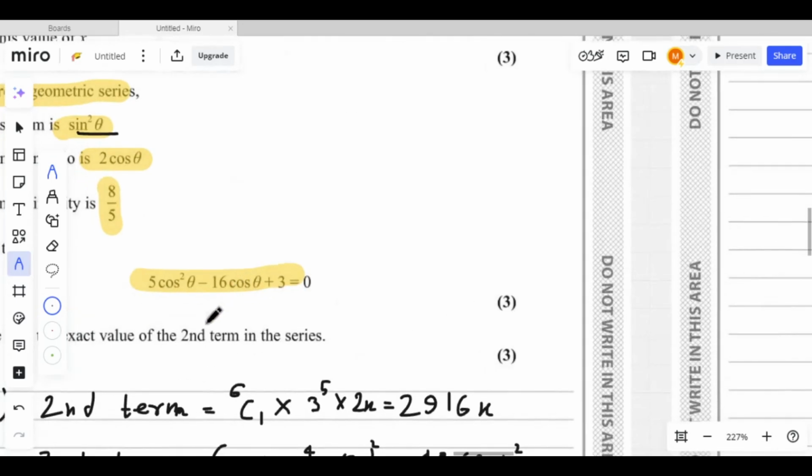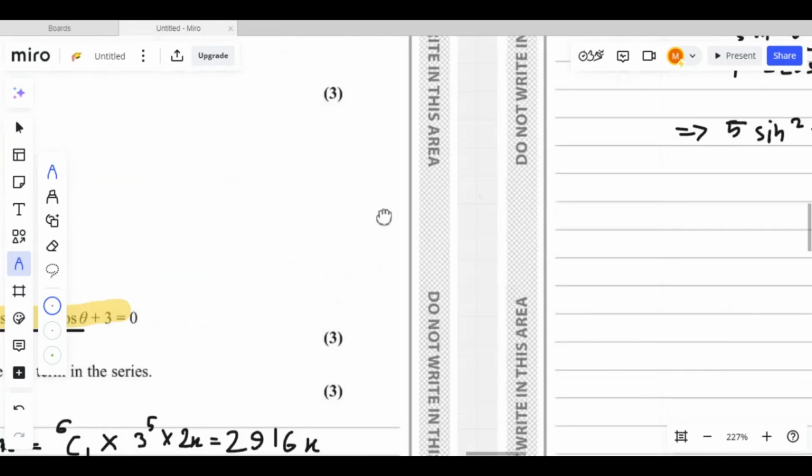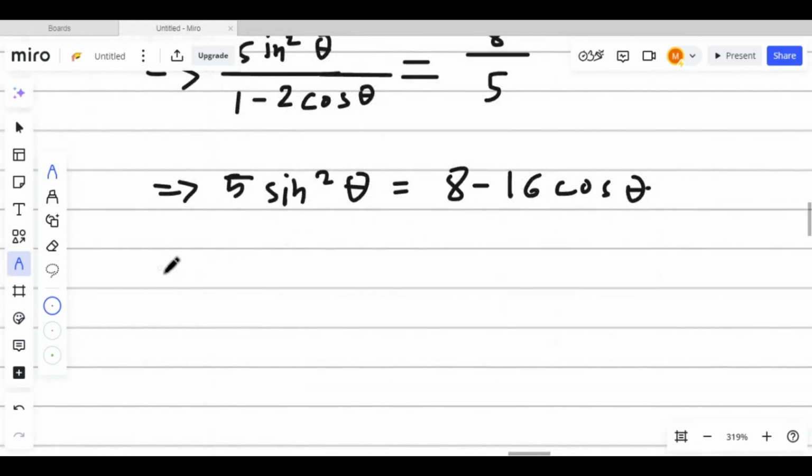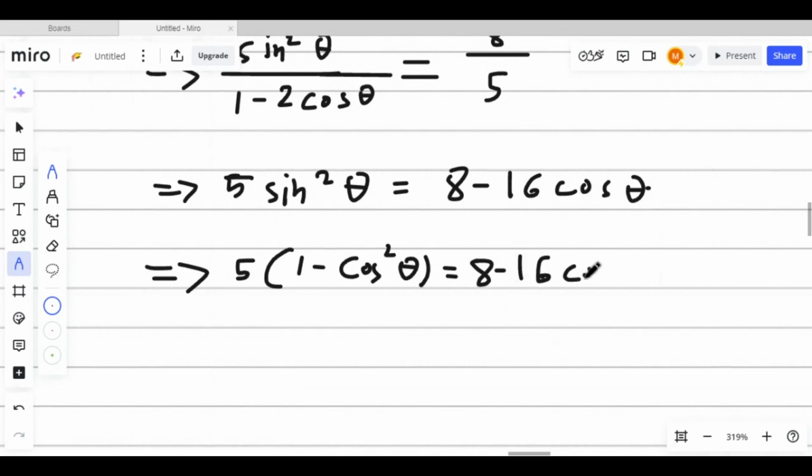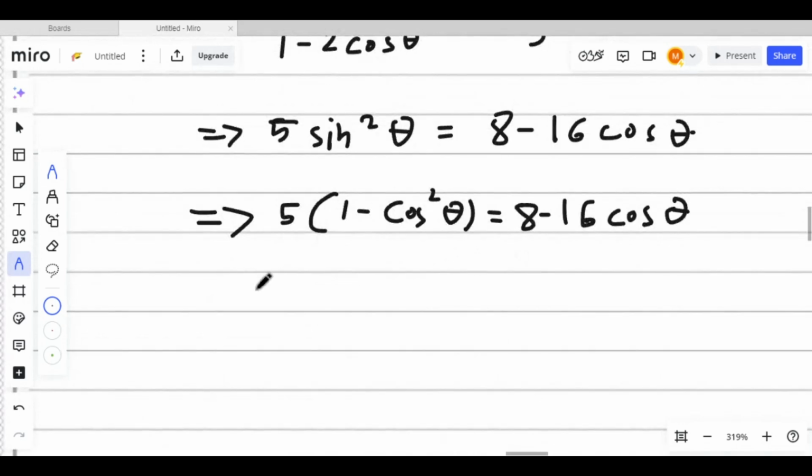Okay. Now the question wanted all of the trigonometric ratios in terms of cos theta. So convert all of them to cos theta. So sine squared theta can be written as 1 minus cos squared theta, equals 8 minus 16 cos theta.